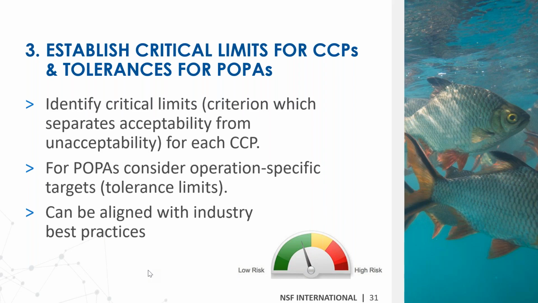A lot of times determining these critical limits or tolerance limits can be aligned with industry best practices. A lot of times CCPs are aligned with regulations or specific customer requirements, if that applies, or other certification requirements. So there are a lot of sources for determining where those limits can come from, and that will be helpful when you design your program.